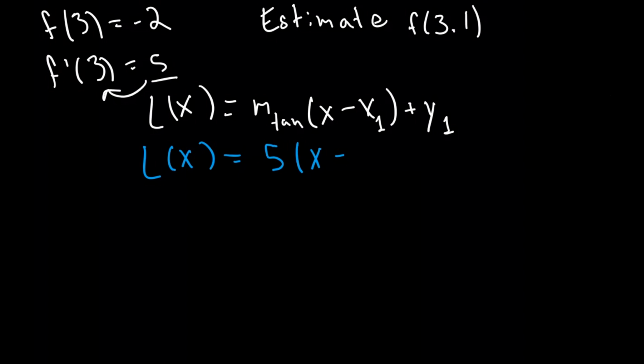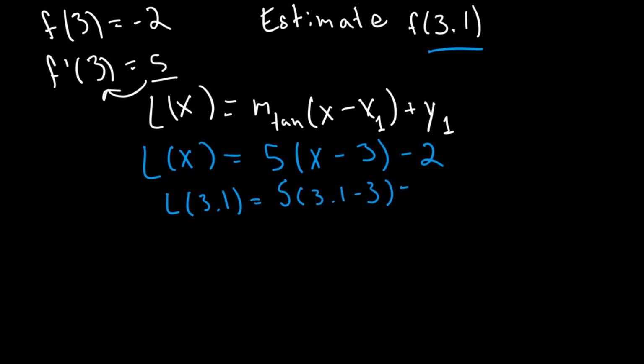They give us our coordinate point, so our x is 3 and our output is negative 2. And we're told to approximate f of 3.1. So we simply have to plug 3.1 into L of x: 5 times 3.1 minus 3, minus 2.